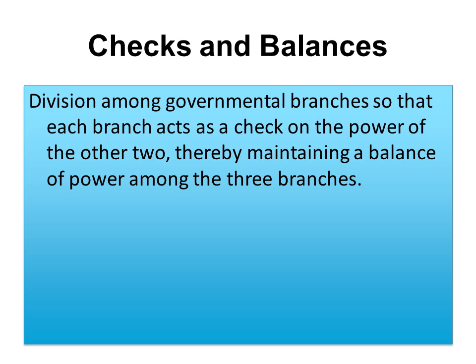Checks and balances, and again we're still talking about the United States Constitution, is the example of how the division among governmental branches not only separates the powers but creates a balance of power among the three branches, so no one governmental branch has too much power.